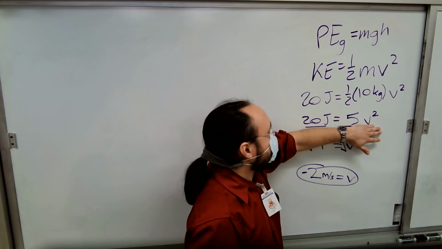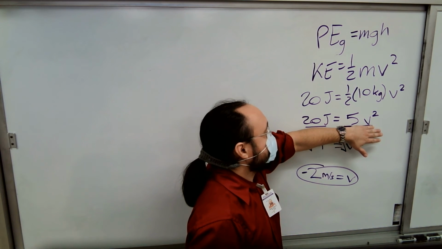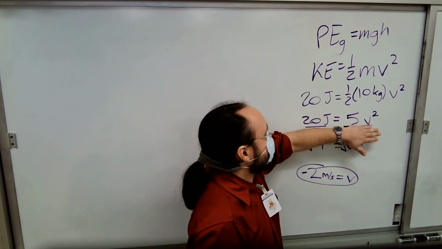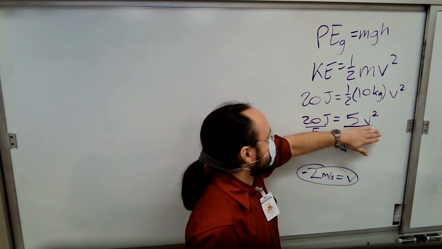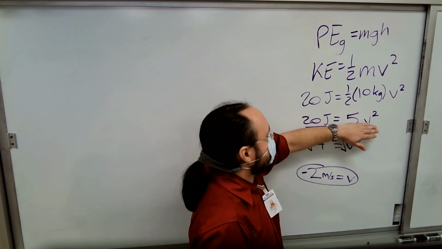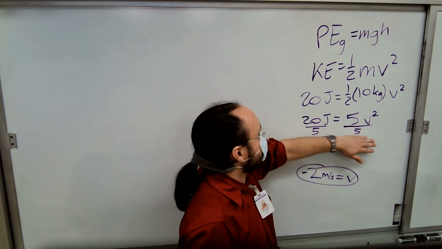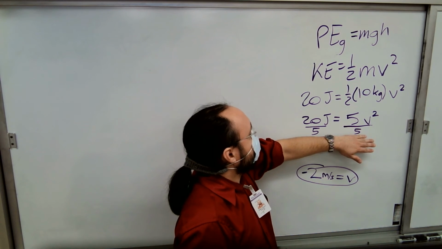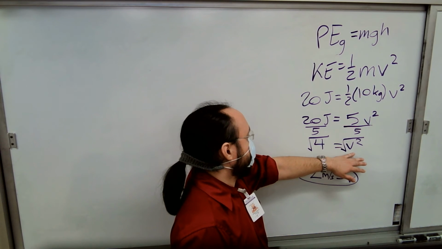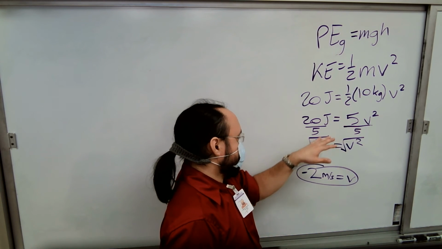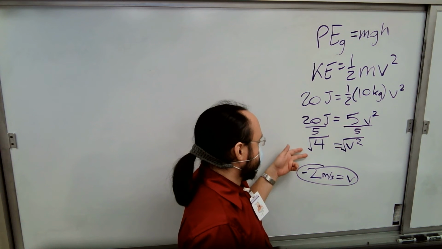Now it says v squared times 5, so I want to make that 5 cancel to get v by itself. I divide both sides by 5, and then those will cancel, leaving just v squared. And 20 divided by 5 was 4. That's how I got down here.